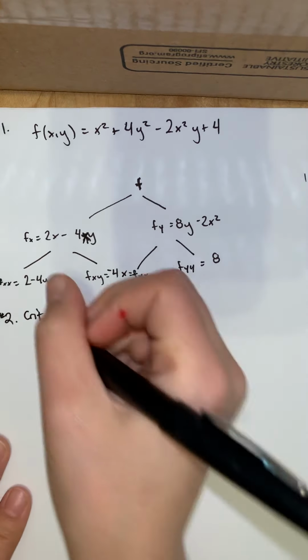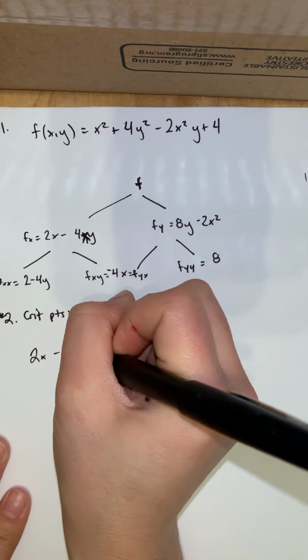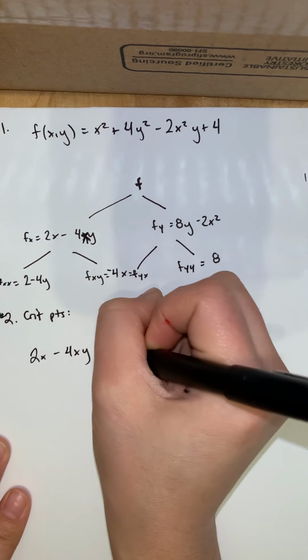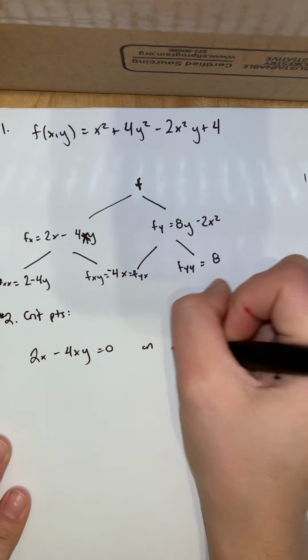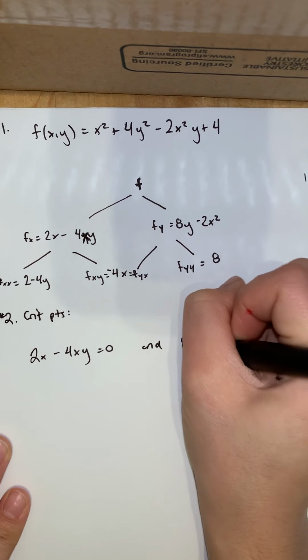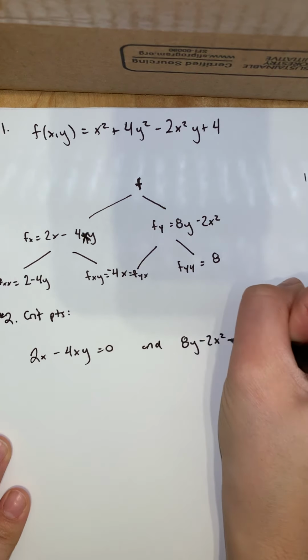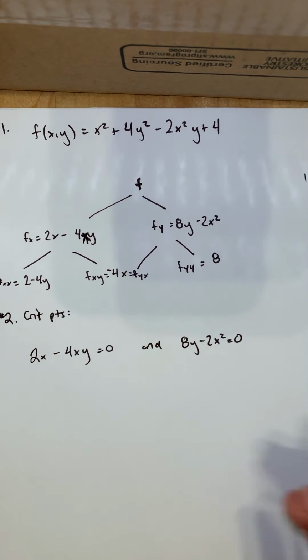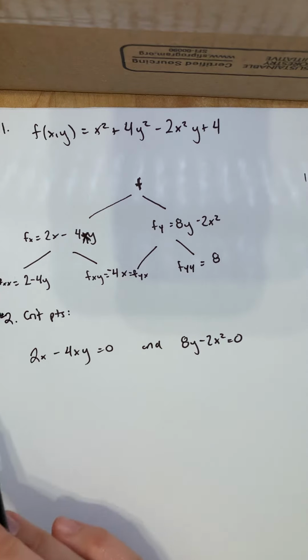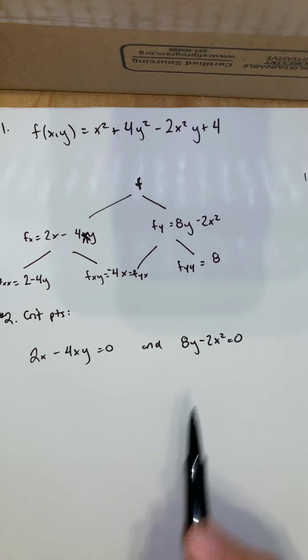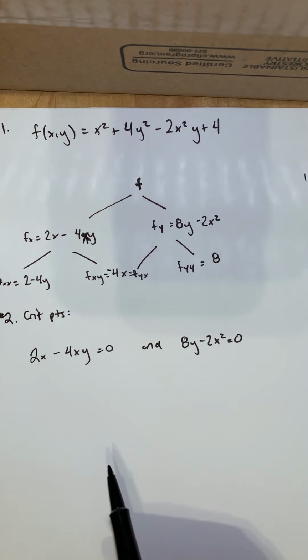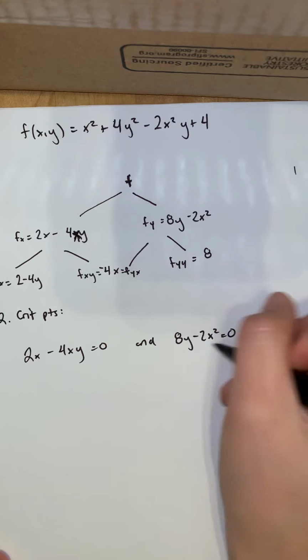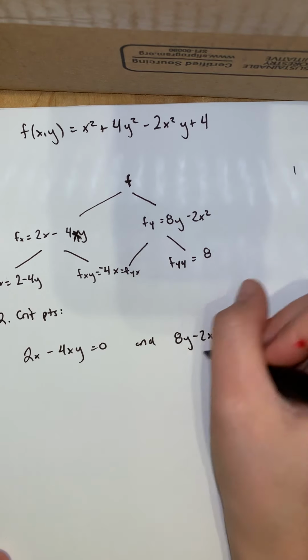What I mean to say is we're going to set 2x minus 4xy equal to 0 and 8y minus 2x squared equal to 0 and solve. Now, there's not necessarily an easy way to do all of this, but we know that both of these need to equal 0. Okay, all right, so I'm going to solve this equation for y. I think that will be the most straightforward.